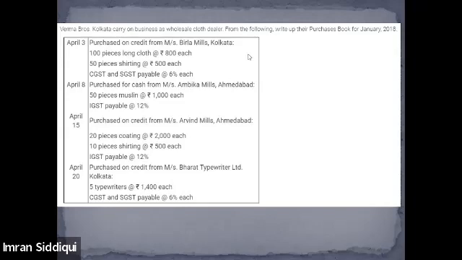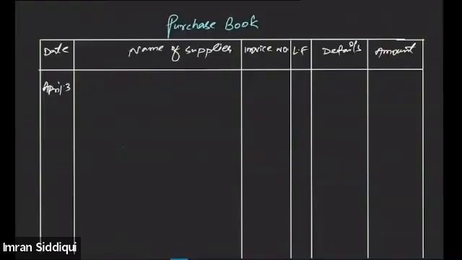Birla Mills, Kolkata: 100 pieces long cloth at 800 each, 50 pieces shirting at 500 each, and CGST, SGST payable at 6% per annum. Got it, everyone? I think the transaction is clear to all of you.